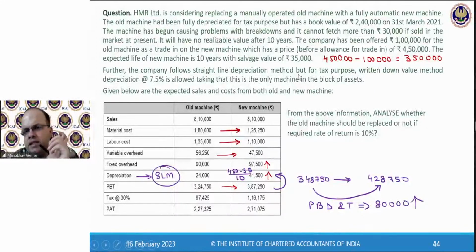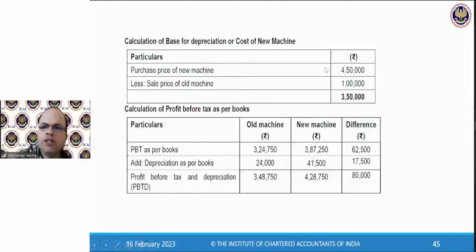What I'm saying is, my initial net cash outflow is 350. And second, my incremental profit before depreciation and taxes, 80,000. So I'm assuming this point is clear to everyone. We are adding the SLM depreciation here.